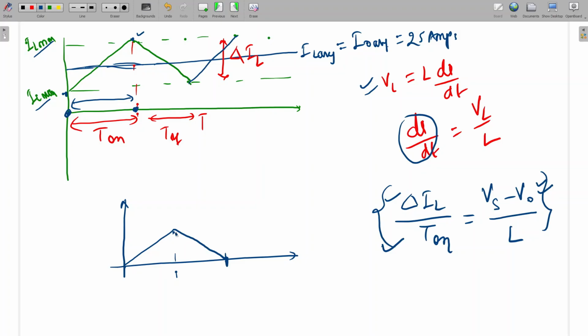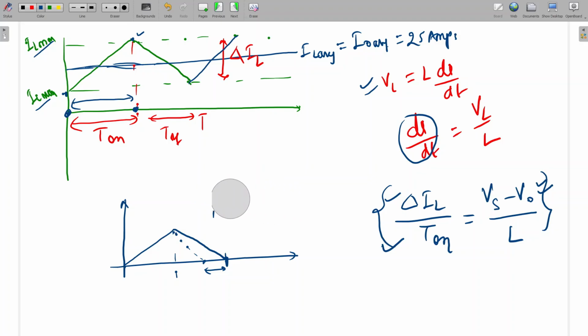If it discharges before this point, it is called discontinuous, meaning from here to here the inductor current will be 0. But in continuous conduction mode, it will stay up only. It will start charging like this from the start and settle to some maximum and minimum. So this is the case for continuous conduction.